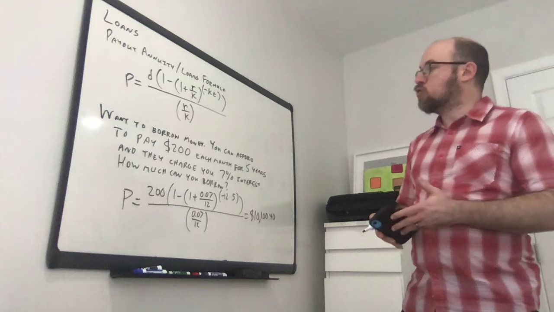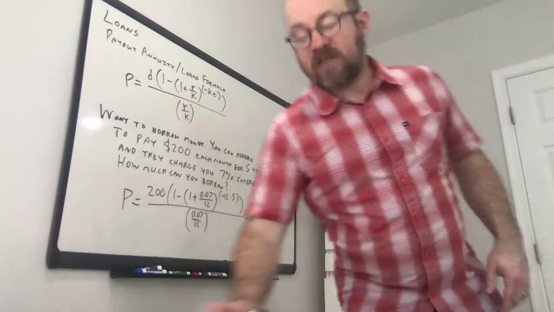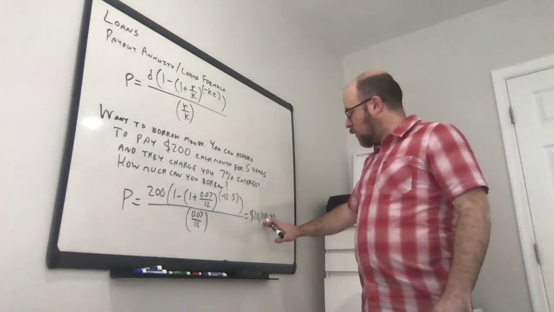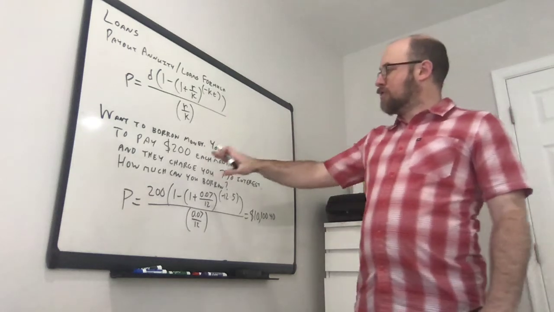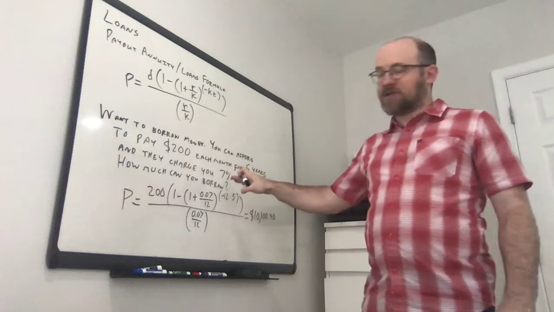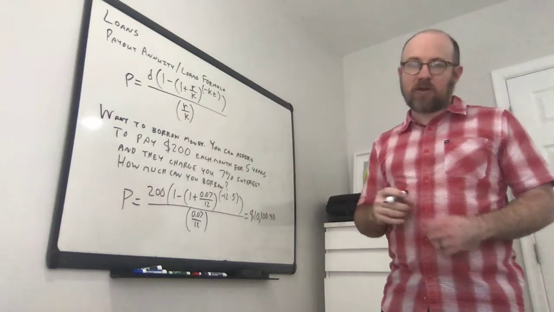Okay? So if you borrow $10,100.40, and you pay off $200 each month, they're charging you 7% interest for 5 years, you'll pay it off.